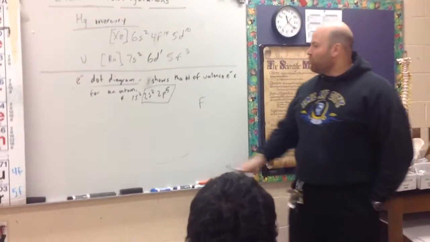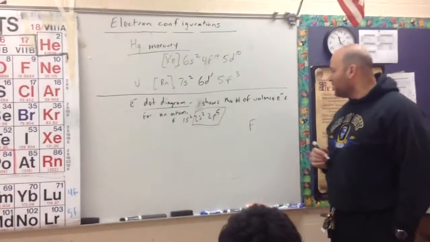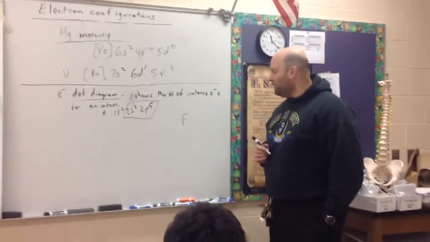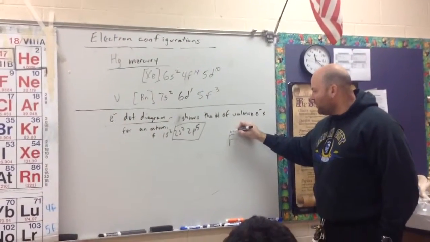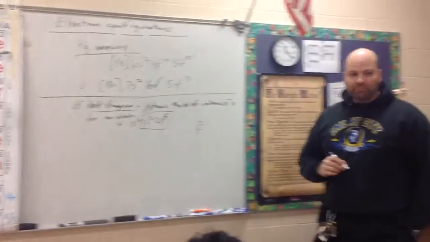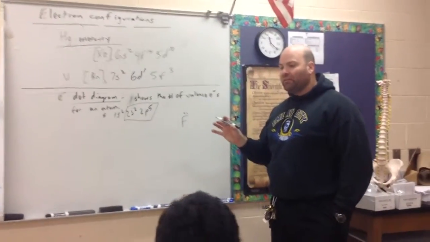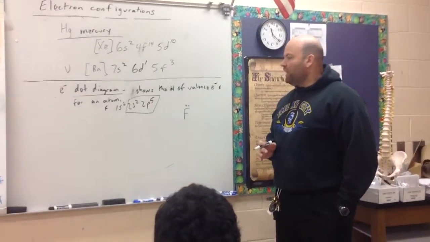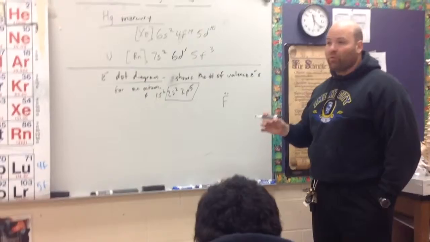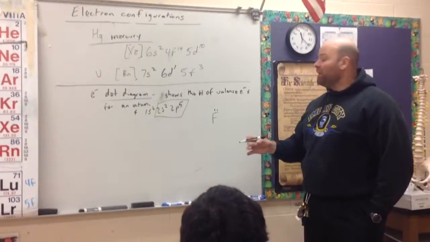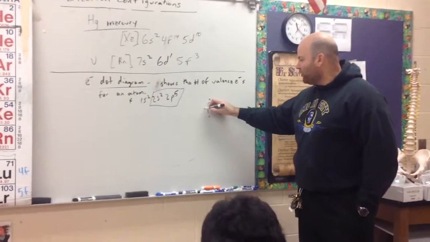We're putting the 2 from the S and the 5 that are represented in the P. So the two S's actually go together. So you put the two s electrons together, and then the electrons in the p orbitals will be in different orbitals. Let me rephrase it. They'll be in different axes. They're only going to double up when they're forced to.